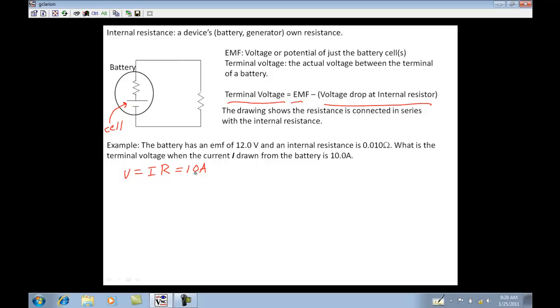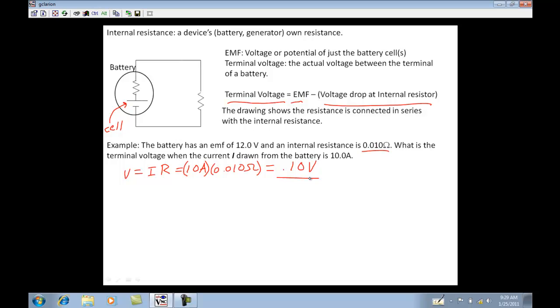So in that resistor, we've got a battery circuit, a resistance of 0.010 ohms. Okay, so that gives me a voltage drop at just the internal resistance of the battery of 0.10 volts.